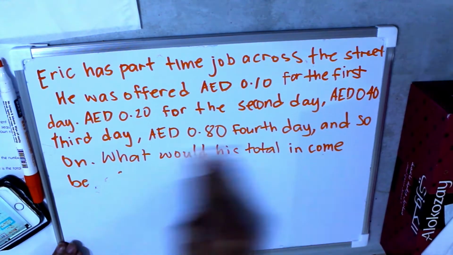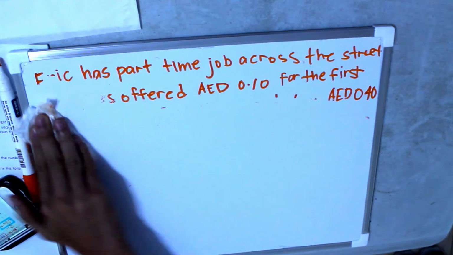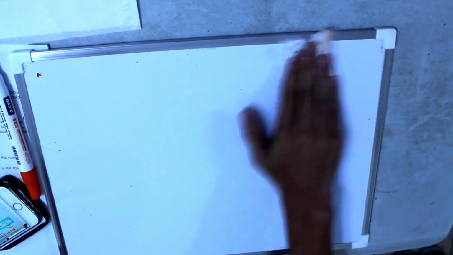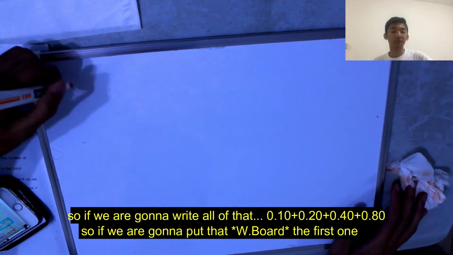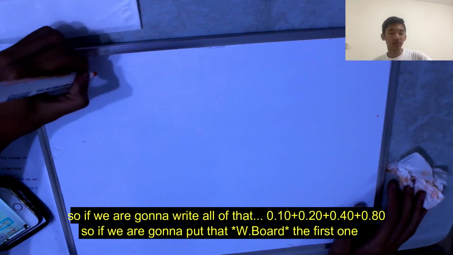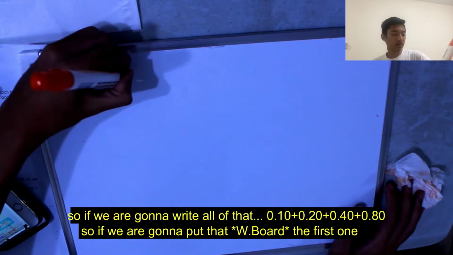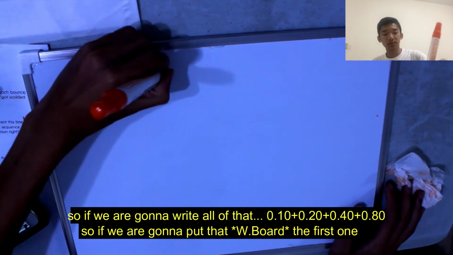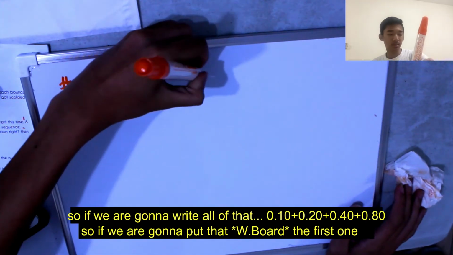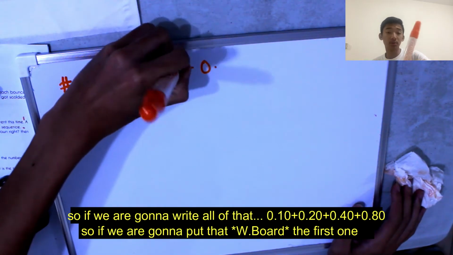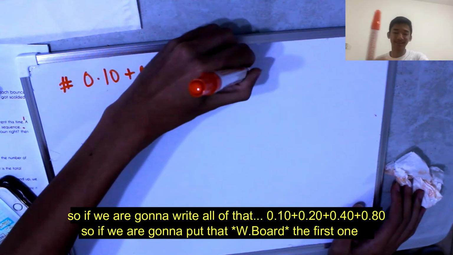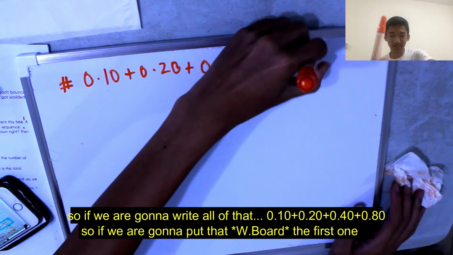So if we're going to write all of that, we're going to write 0.10 plus 0.20 plus 0.40 plus 0.80.